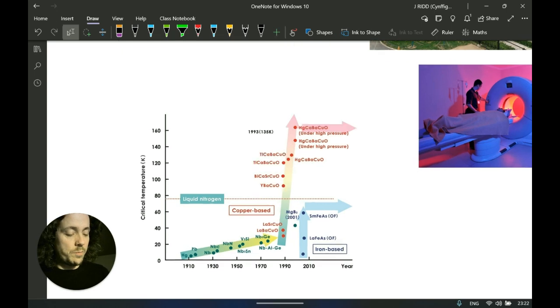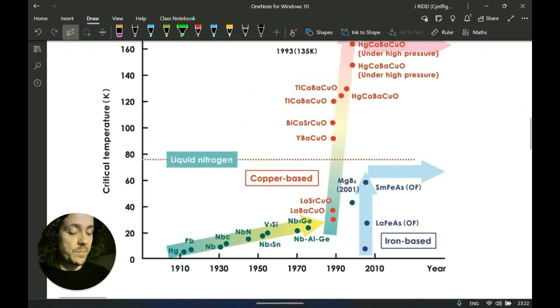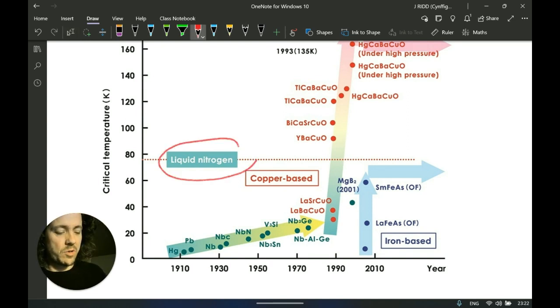If we can, though, produce materials which have a higher superconductive range, if we can produce a critical transition temperature up towards this value here, liquid nitrogen, and we can use liquid nitrogen to create superconductivity in a material, then that's going to have huge, far-reaching implications for society and technology as a whole.